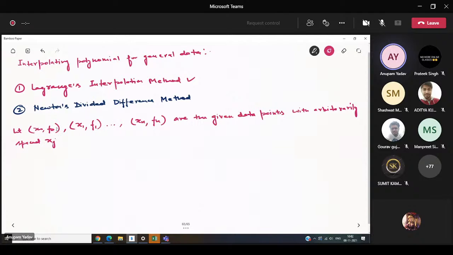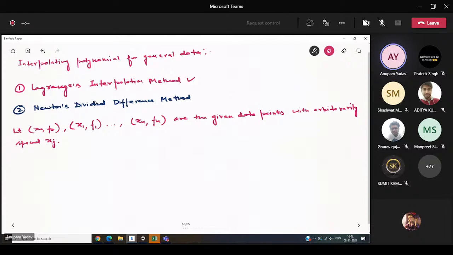So that is, we have declared that this xj is arbitrarily spaced. So with the help of this Lagrange interpolation method, we will define some multipliers, and then we can get linear, quadratic, cubic, and higher degree polynomials.